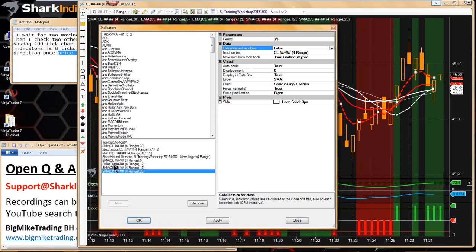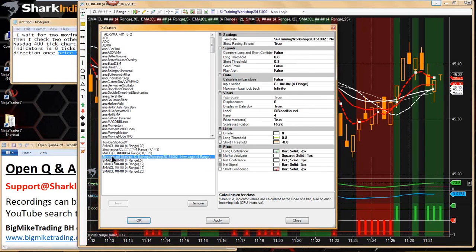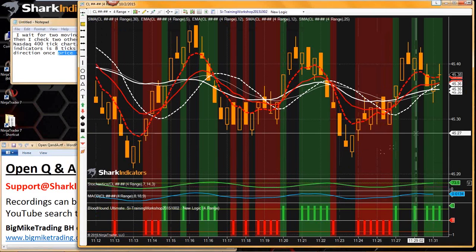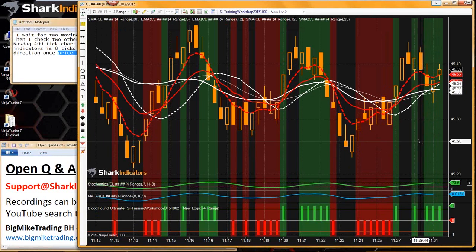So when you have BloodHound set to calculate on bar close false, that means all the indicators that are running inside of BloodHound are also calculating with calculate on bar close false like that. Right, so let's click that, and there we go.